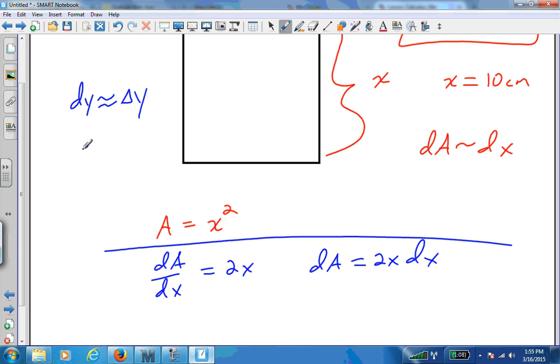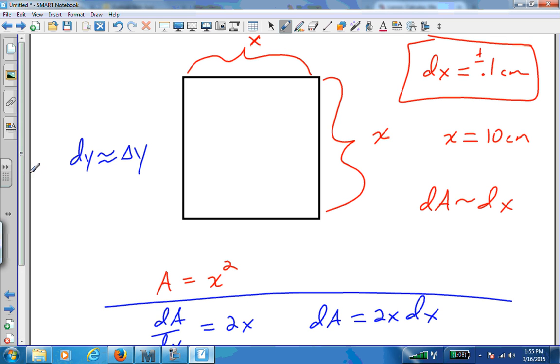Now, if we want the exact change in the area, we would need to find the area using these dimensions and then add a 1/10 of a centimeter to each side and calculate the area, or take a 1/10 off and calculate the area.